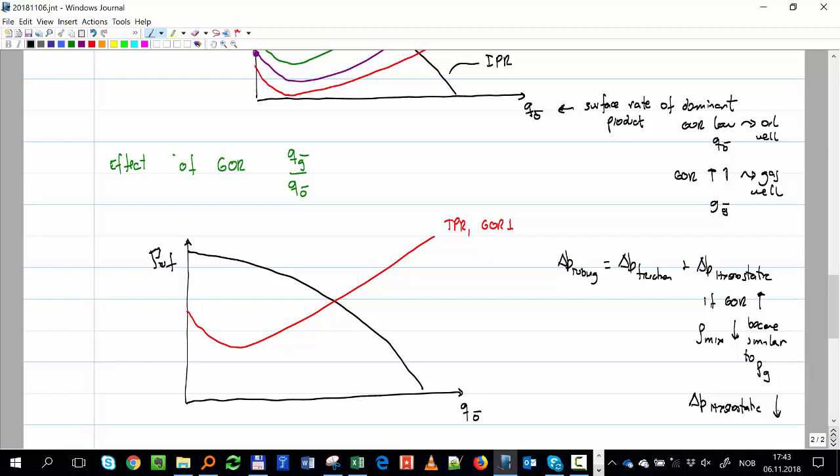Therefore, the delta P of the tubing would also go down. Just because I have more gas, the density of the mixture is lower, and then the pressure drop is lower. So what will happen with the intersection, you think?